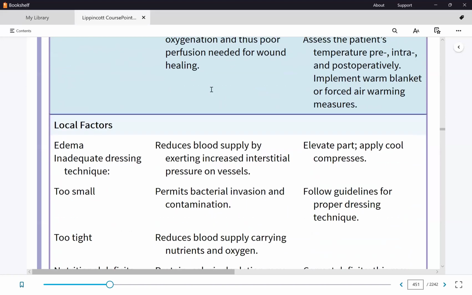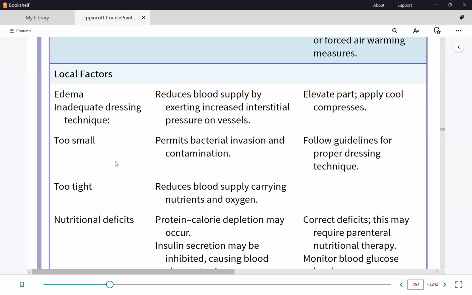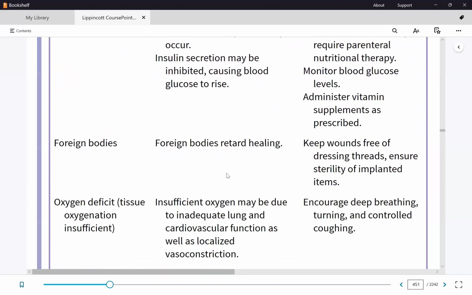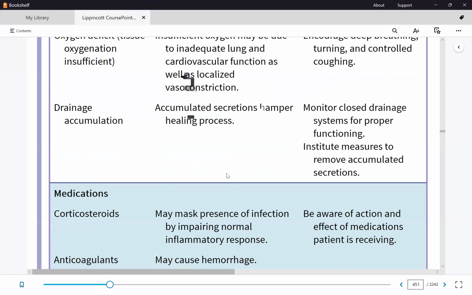Hypovolemia or dehydration affects healing. And if the patient has diabetes, or there's too much swelling or edema in the site, or the dressings are too tight, or the patient is malnourished, these will all delay wound healing. Or if the patient is taking steroids or other immunosuppressants.